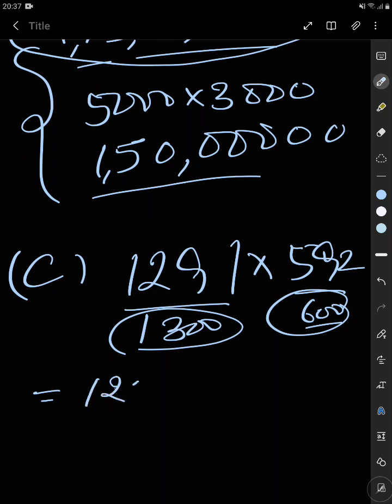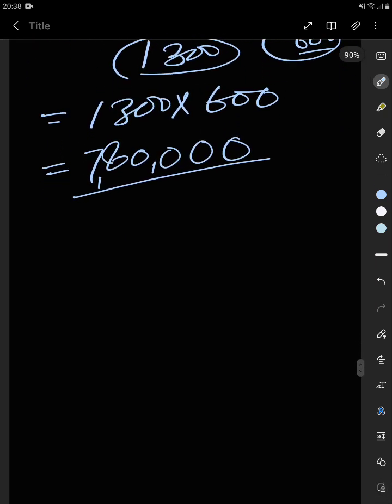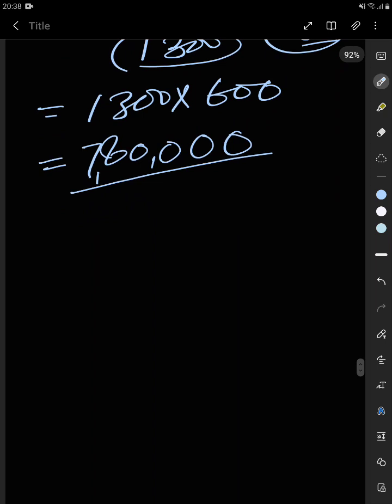So it will be 1,300 multiplied by 600. How much will come? 0 0 0 0 and 78. So this answer will come: 7 lakh and 80,000.